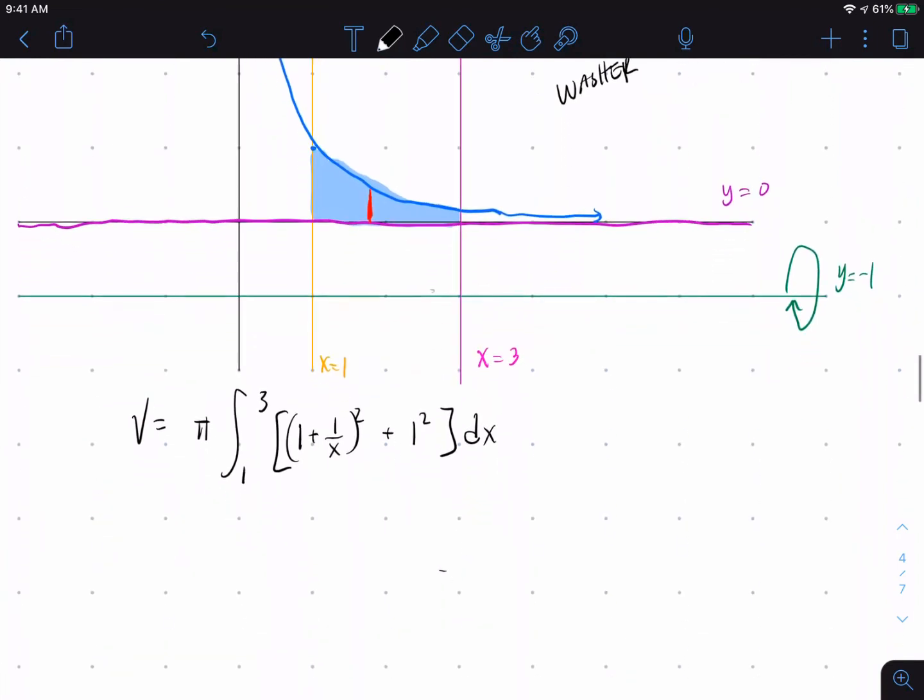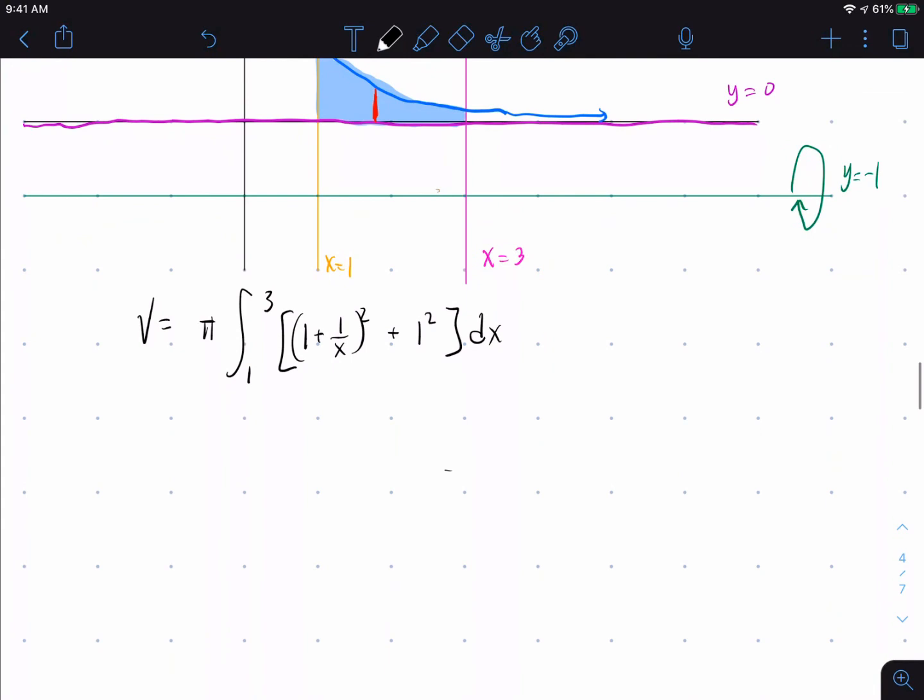And that's the setup integral, correct? Do you guys agree?